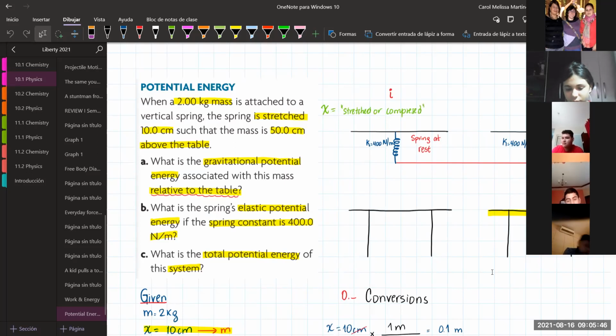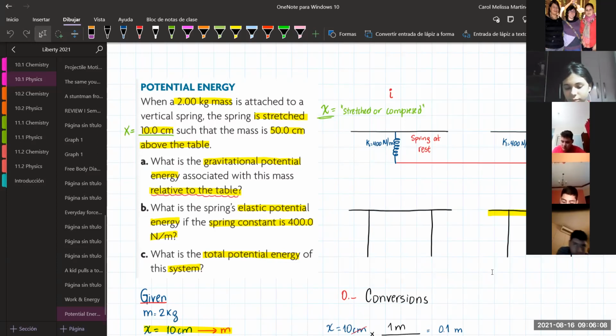Those are keywords to know that I'm talking about X. Now, in this case, the value that is next to stretched or compressed is the value of 10. So I know that this is X.